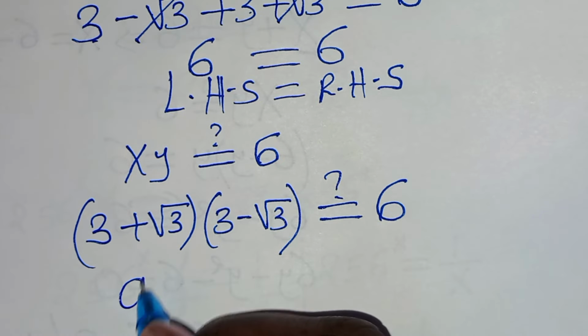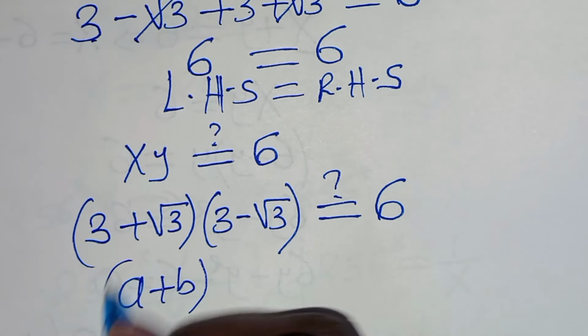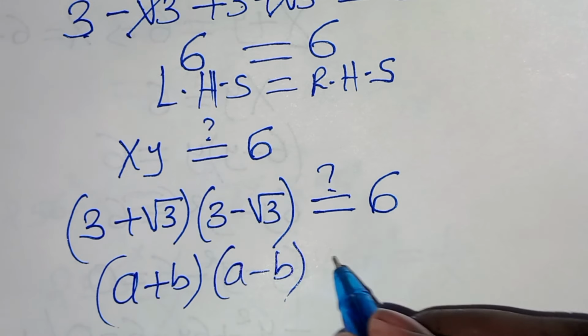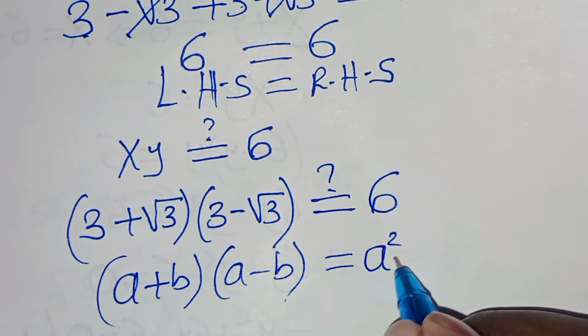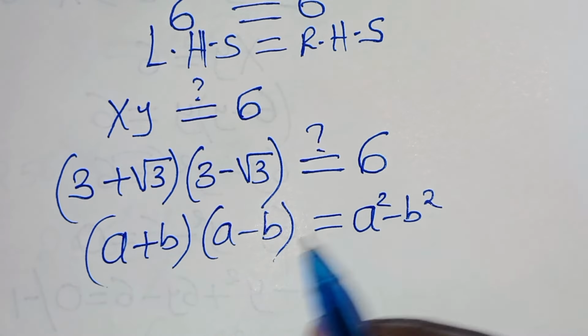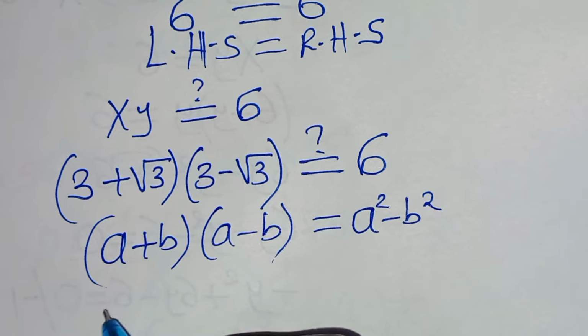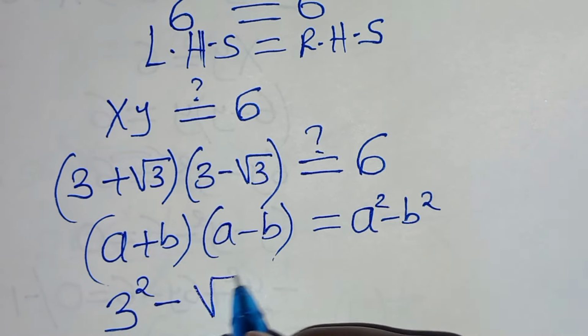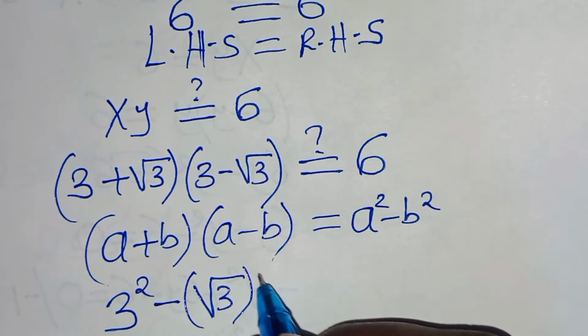This is in the form of a plus b, and this is a minus b, which we can express as a squared minus b squared. This is the difference of two squares identity, so that now here we have 3 squared minus the square root of 3 squared.